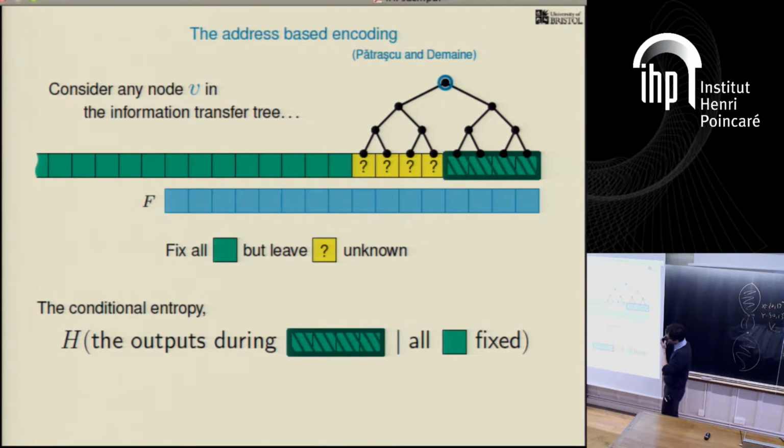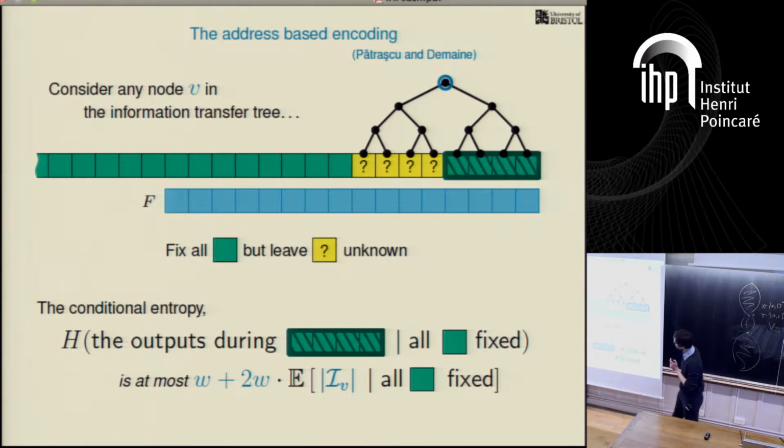So what I can do is think about the conditional entropy of these outputs. These inputs are fixed, but during this period, I produce some outputs. The outputs that I produce, hopefully, depend in some non-trivial way on these inputs in here. So what I can argue about is the amount of entropy in these outputs conditioned on all of this stuff being fixed.